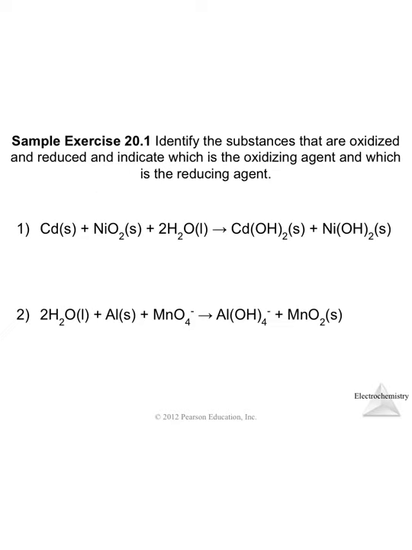Okay, so let's try a couple of these. We're going to identify which substances are oxidized and which are reduced. So first we need to assign oxidation numbers. I always start with the 0. Any element by itself, like cadmium, is going to be 0. I don't see any others by themselves, so then I'm going to go with my oxygen. Oxygens are always -2 unless in hydrogen peroxide.